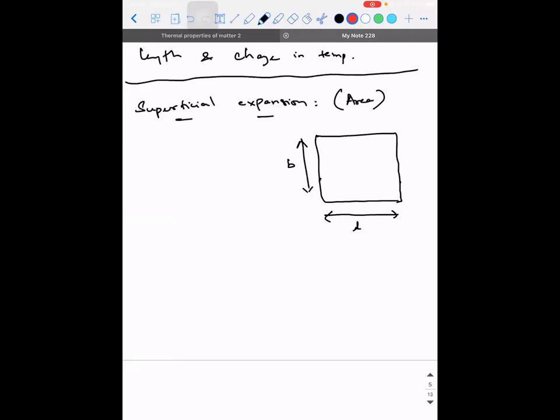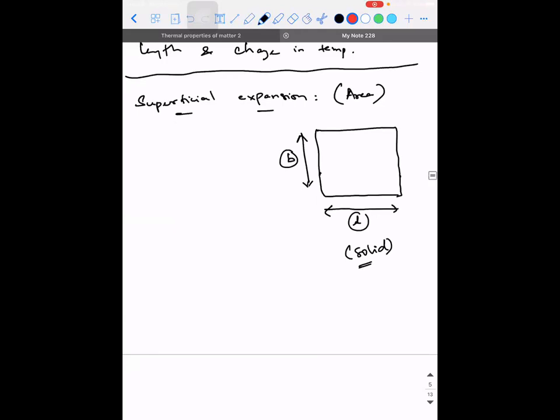That is, whenever there are two dimensions present, you're going to have area. So logically think of one fact, guys. If you start heating this, what do you think will happen? This is an aluminum. I told it's a solid. So when you subject the solid to heat, what is going to happen?